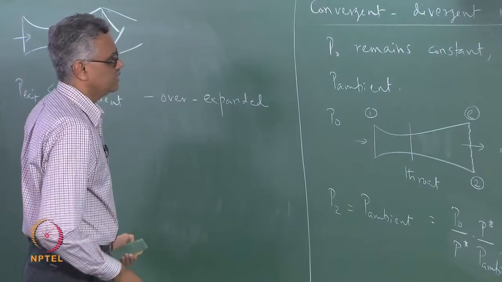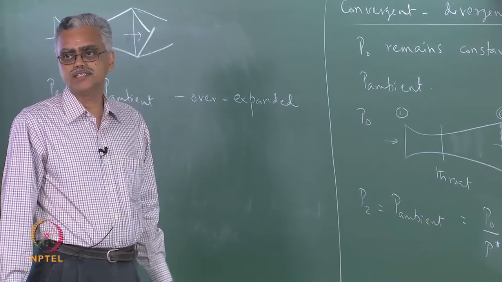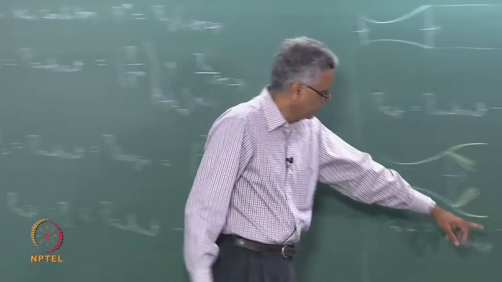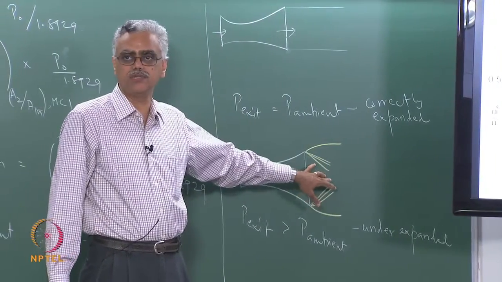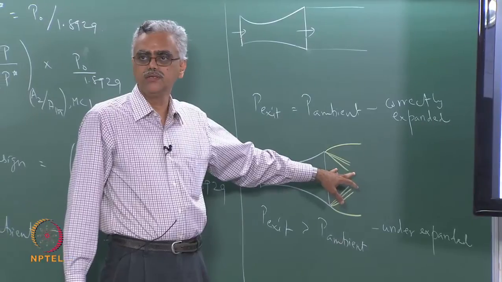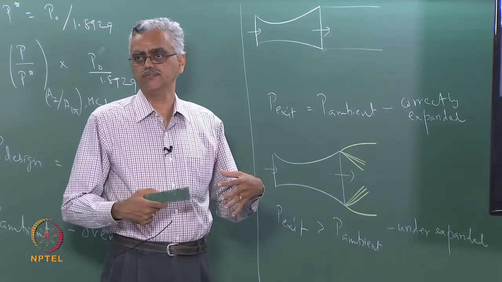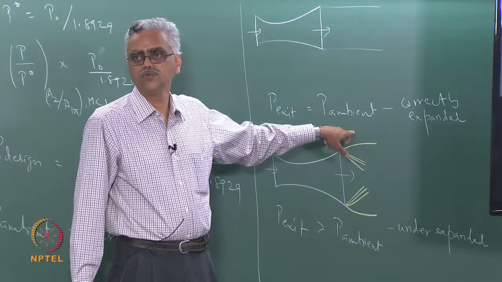So as we already said, if the flow is under expanded, then the expansion takes place outside, as we saw here. If the flow is under expanded, then the expansion takes place outside. Even in this case, the expansion takes place outside, and there is going to be a loss of thrust because the expansion is not against a solid surface. So there is a loss of thrust. What about over expanded? That is what we have to see.